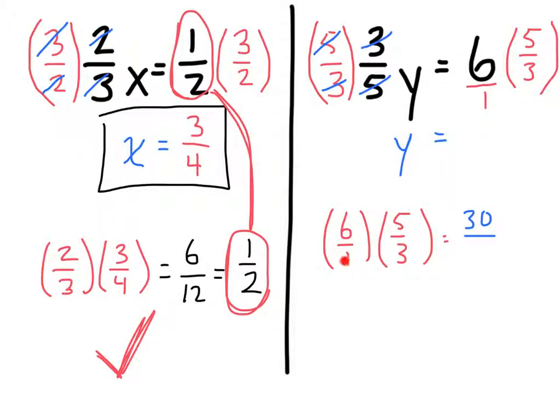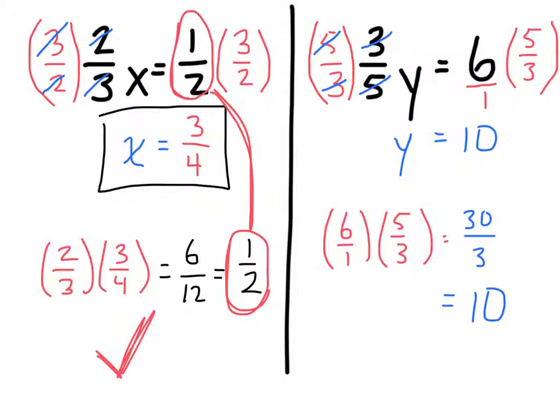And 1 times 3 in the denominator, that's equal to 3. So what is 30 divided by 3? That answer is 10. So our answer is y is equal to 10.